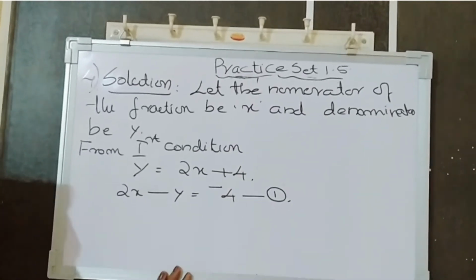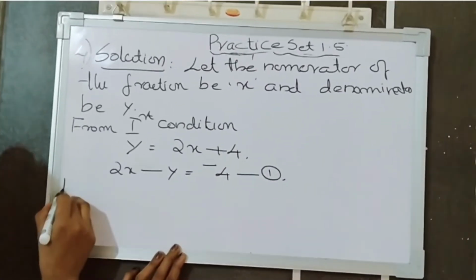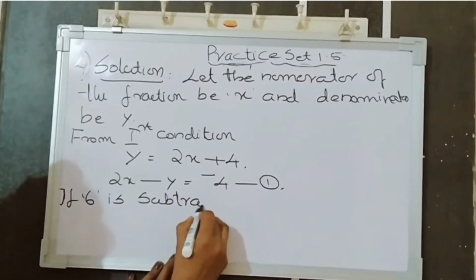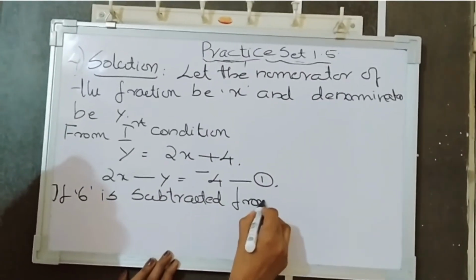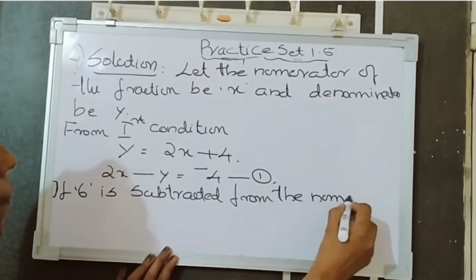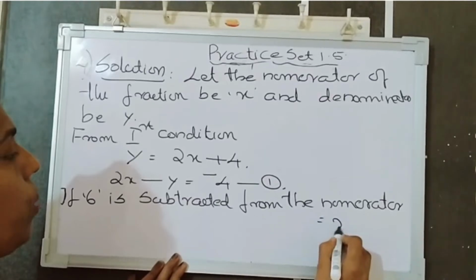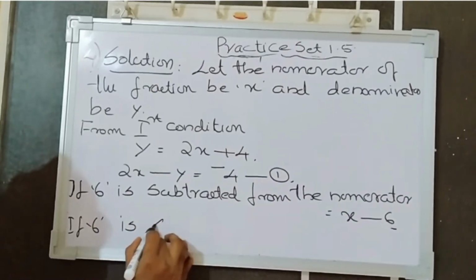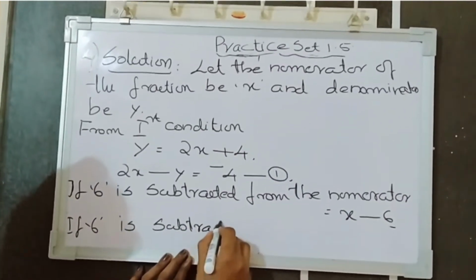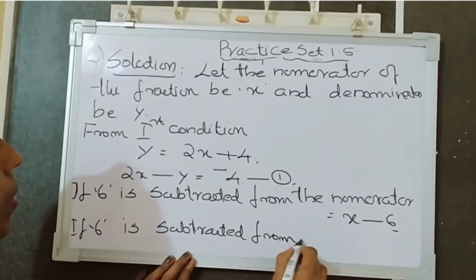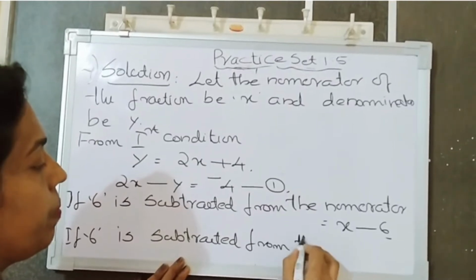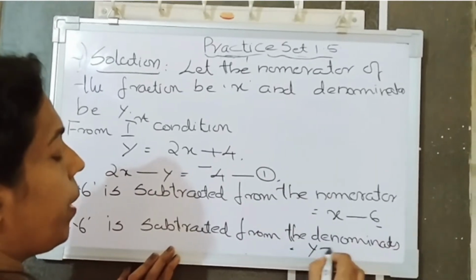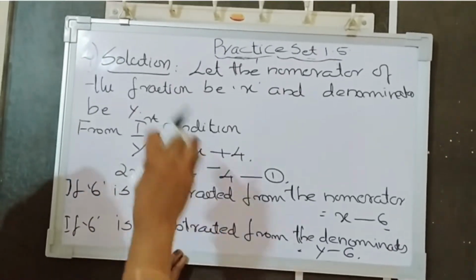Therefore, 6 is subtracted from the numerator means x minus 6, and if 6 is subtracted from the denominator, it is equal to y minus 6. What is the second condition?